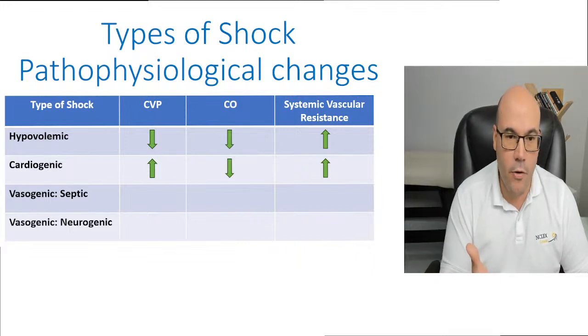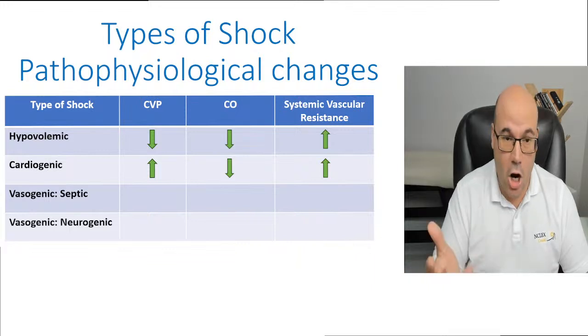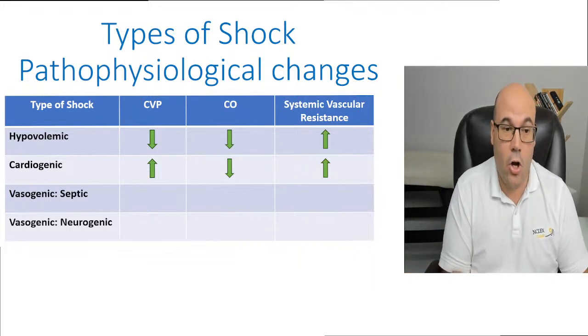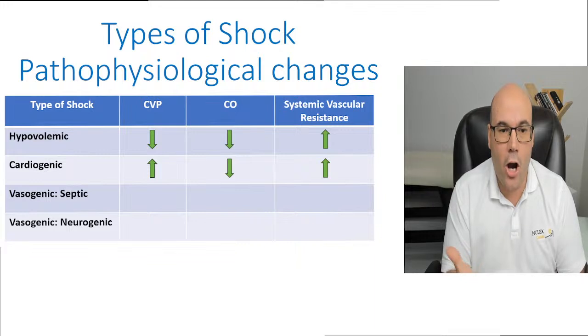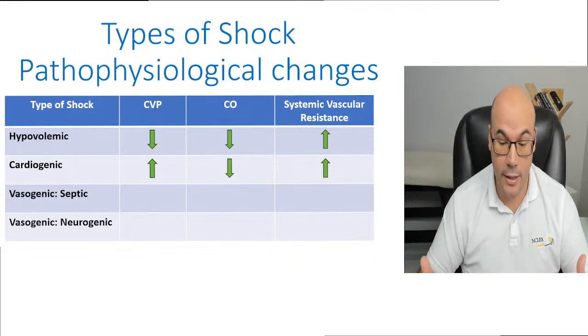Why? In hypovolemic shock, it's low because there is not enough volume. In cardiogenic shock, it's high because although there is volume, the heart is not able to manage the pressure with the same amount of volume it is used to dealing with.